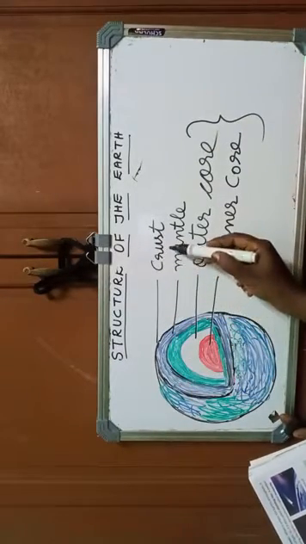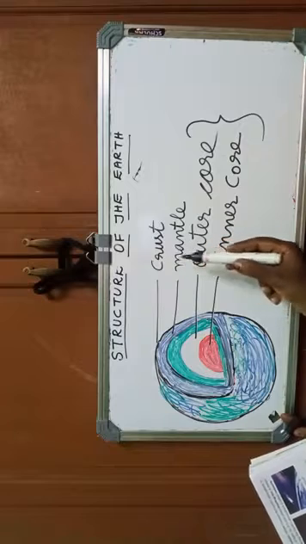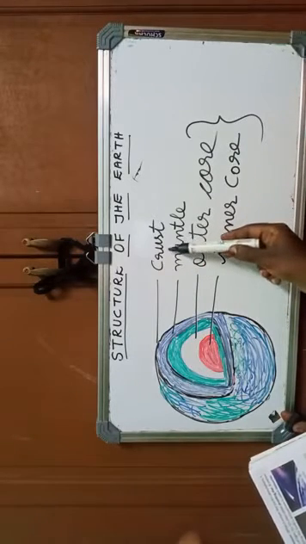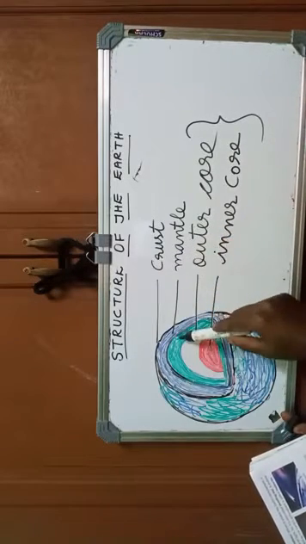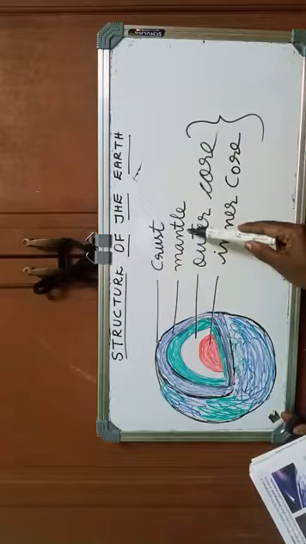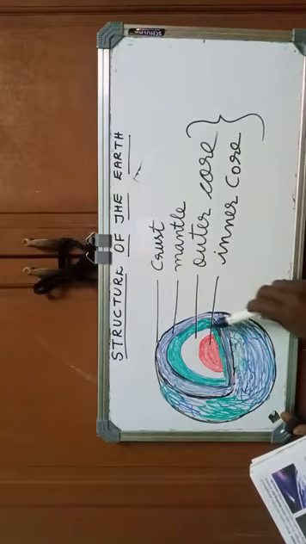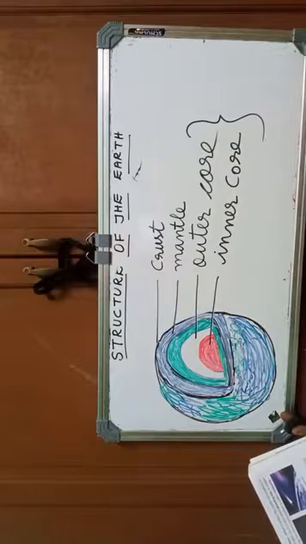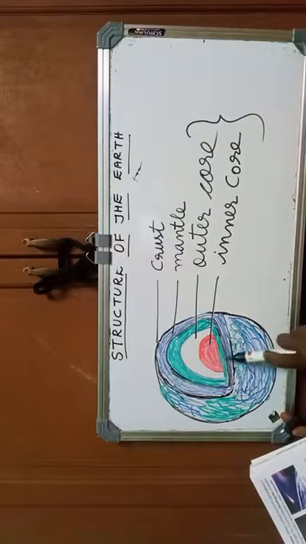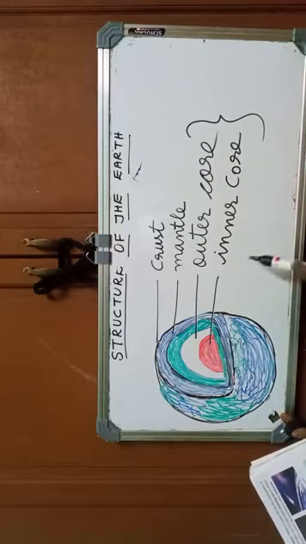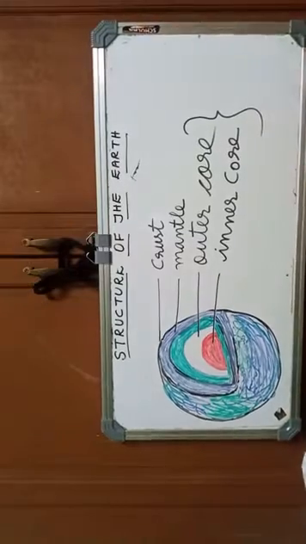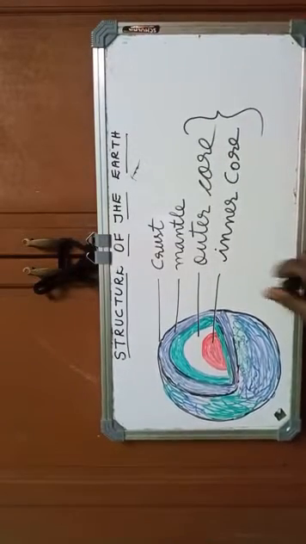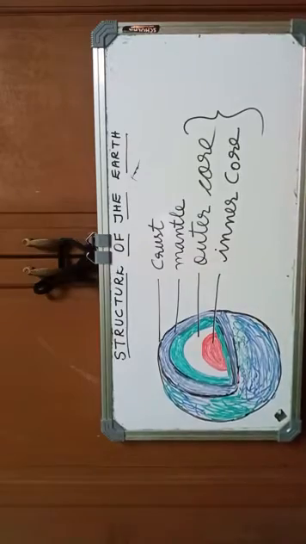The outermost layer of the Earth is called what, all of you say? The outermost layer of the Earth is called crust, and below the crust we can see mantle, and outer core and inner core together make the center of the Earth. These are the layers of the Earth, and this is the structure of the Earth. Then let us see each layer one by one.